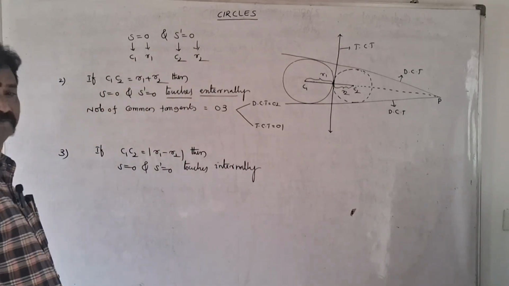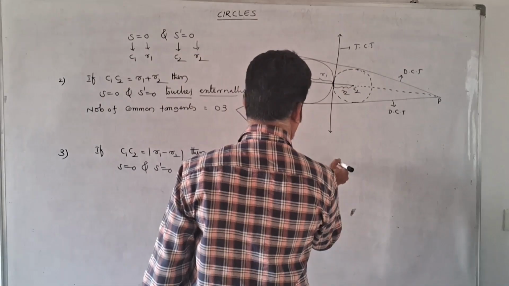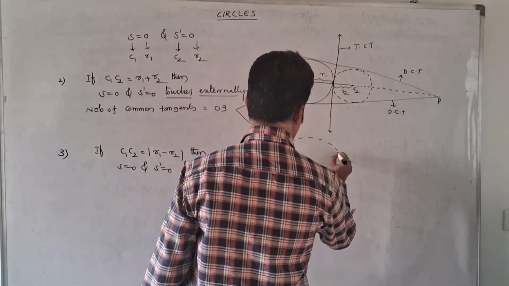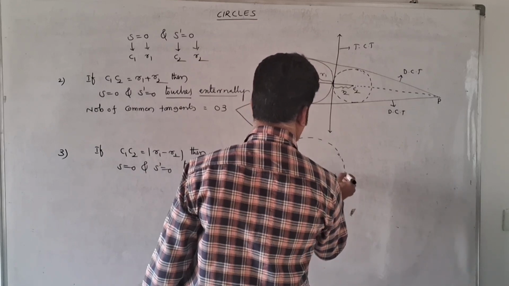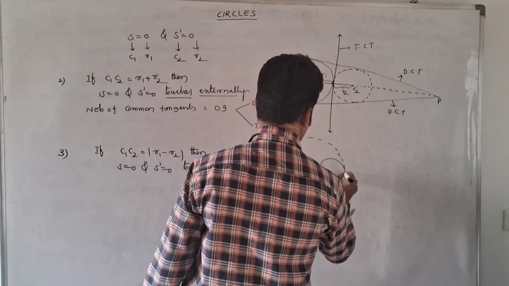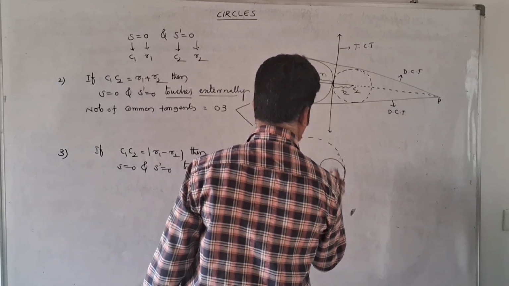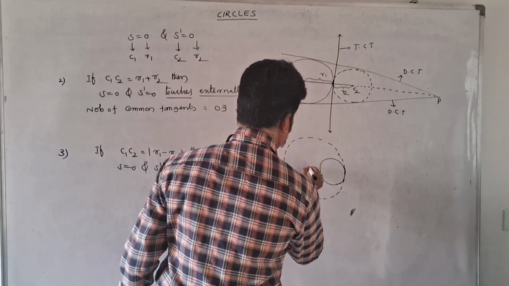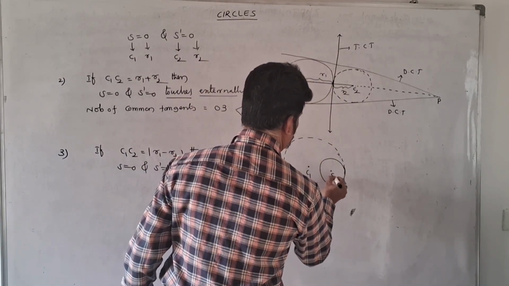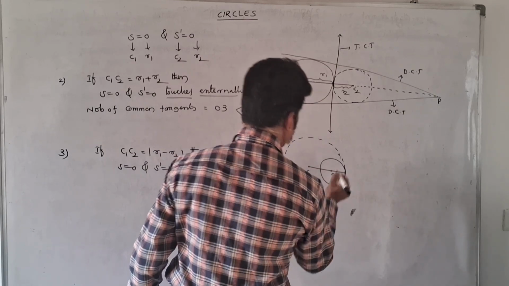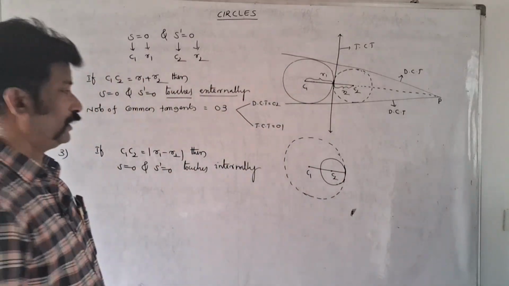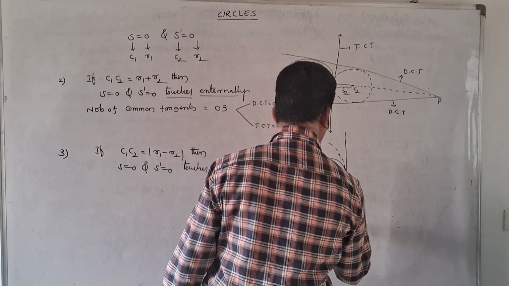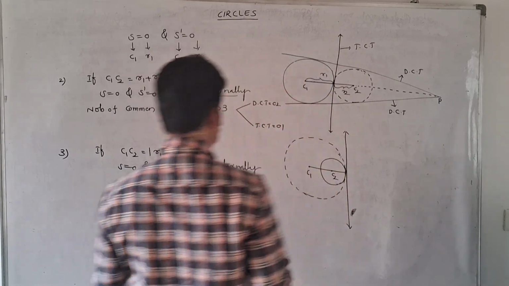That's it, internally. So this one is C1 and this one is C2, just like this. And the number of common tangents is equal to only 1.